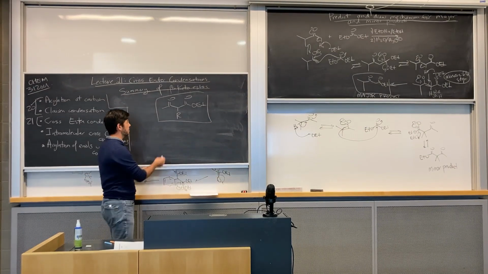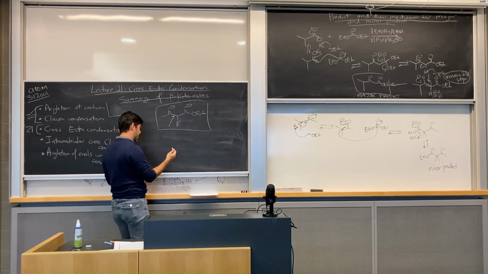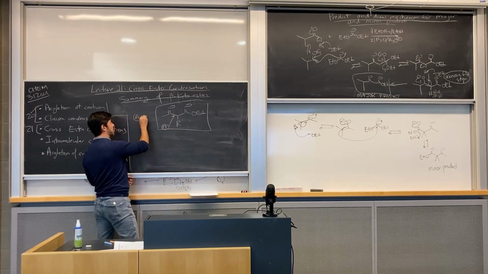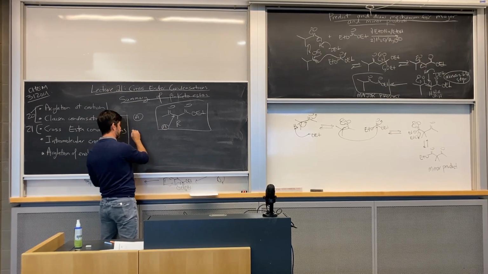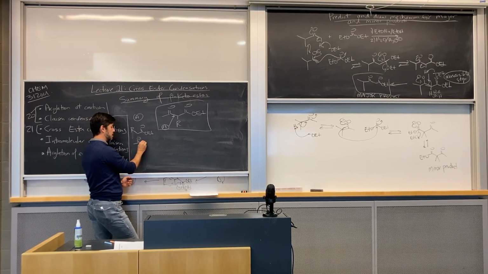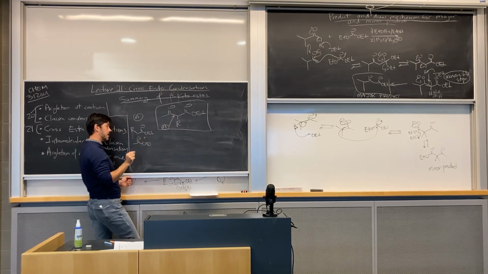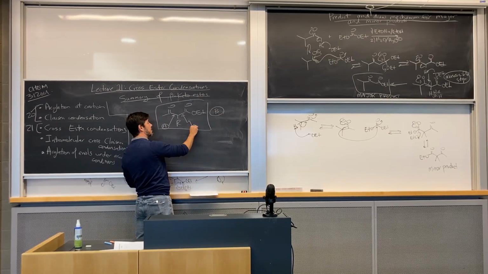So let's take a look at a scenario here if we create our carbon-carbon bond through this means here. So if we do that, our nucleophile is going to be this. So let's call this A, pathway A. Our nucleophile is going to be this, right? When you enolize it, it will become the nucleophile, and then your electrophile will be everything on this side as an ester. Okay, so that's scenario A. Scenario B is going to be creating that carbon-carbon bond right over here.